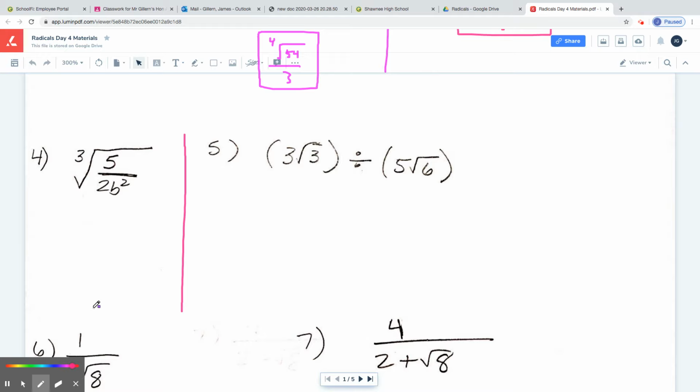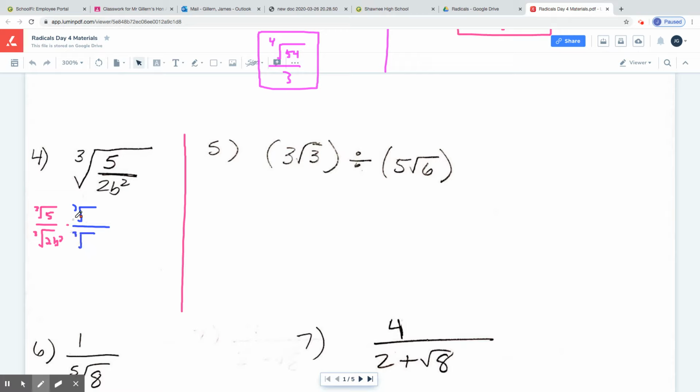All right, so number 4. We have another cube root. So we have the cube root of 5 over the cube root of 2b squared. Okay, so I need to figure out what I need to multiply the top and the bottom by.